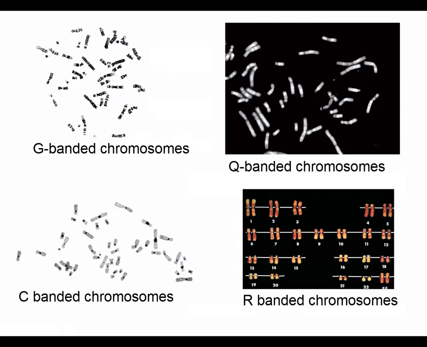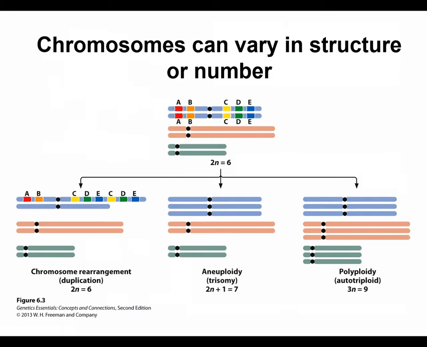You can look for these different striping patterns to help you identify or distinguish between the chromosomes, and that's all part of the karyotyping process. But what we're going to talk about in Chapter 6 is variations of what would be considered normal chromosome structures or numbers. Everything in Chapter 6, we talk first about normal chromosomes, and then we quickly go into unusual chromosome structures or unusual chromosome numbers.